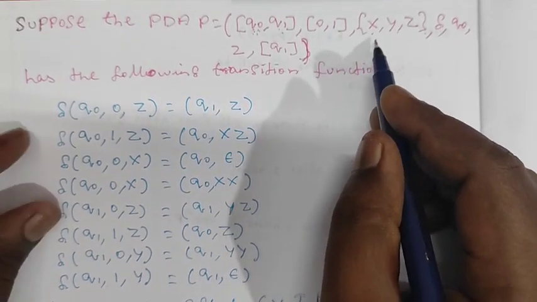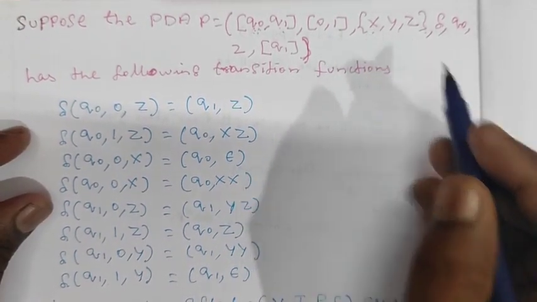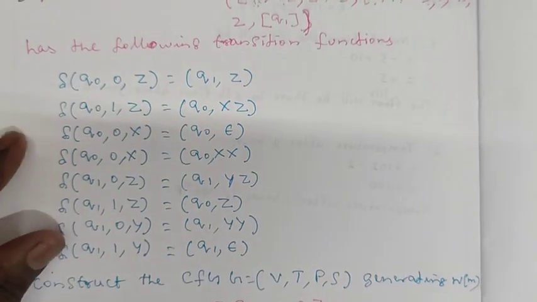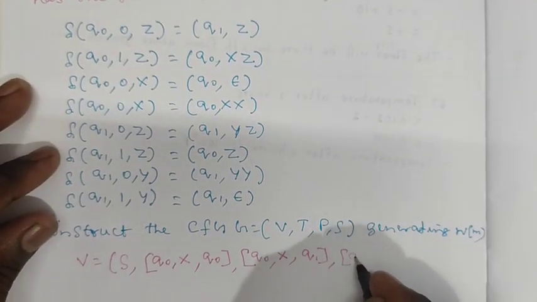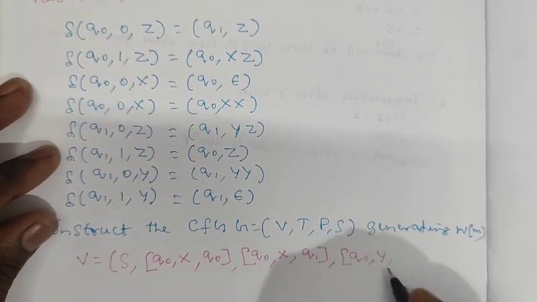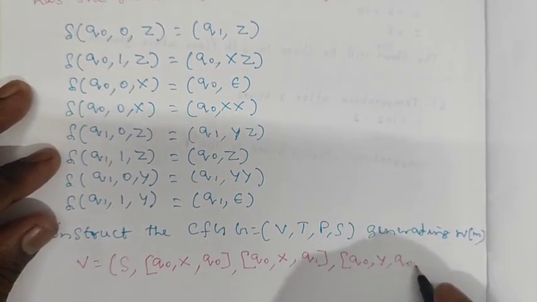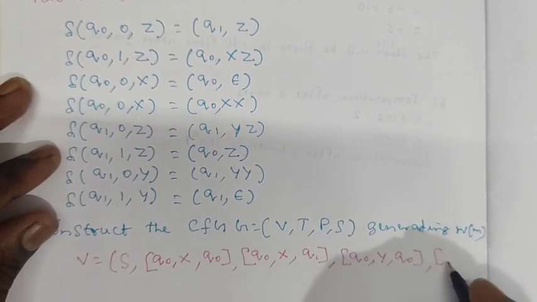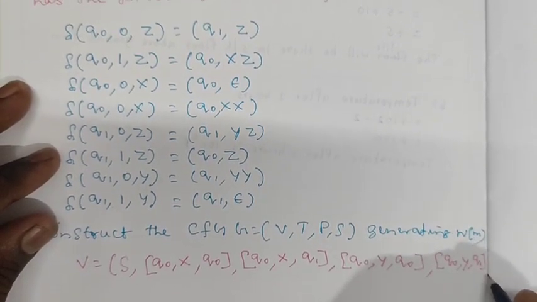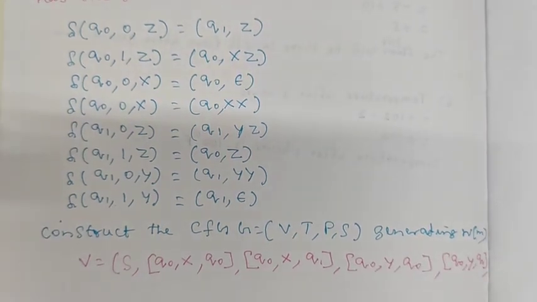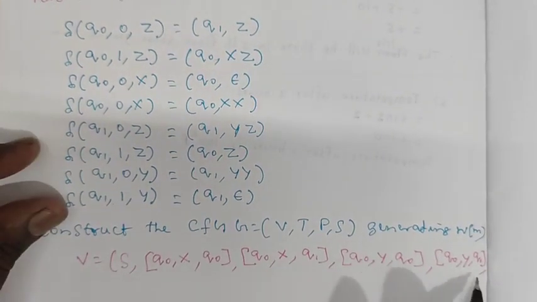Okay. Now we have to do the same thing for Y also, starting from Q0. So we will go for Q0, Y, Q0, then Q0, Y, Q1. So we have done two symbols now.